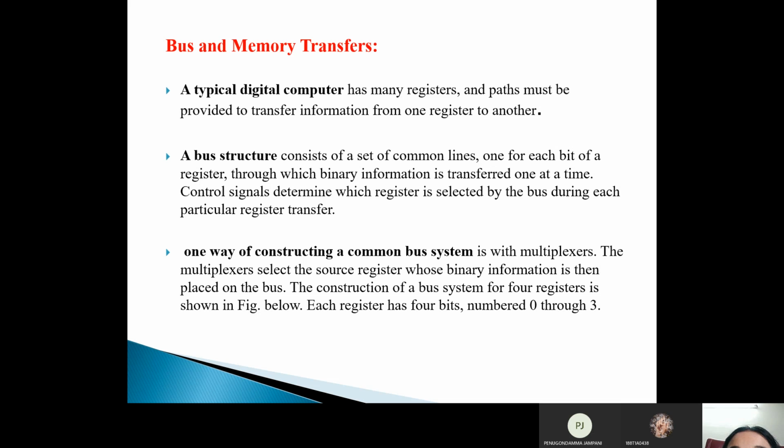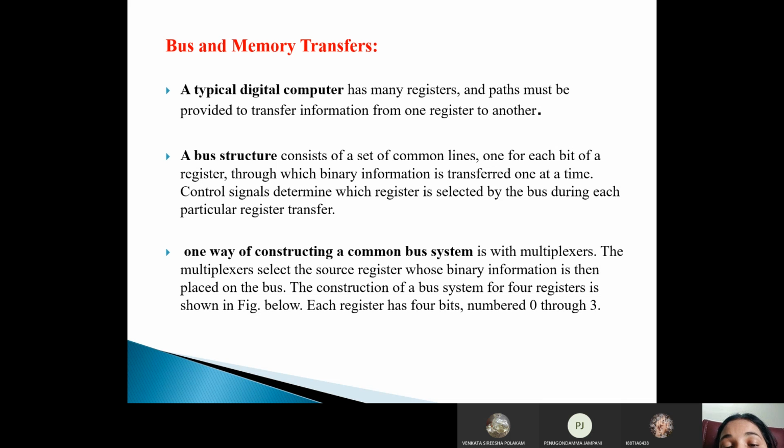Control signals are used to determine which register is selected by the bus during each particular register transfer. One way of constructing a common bus system is with multiplexers. A multiplexer selects the source register whose binary information is placed on the bus. The construction of a bus system for 4 registers is shown in the figure.